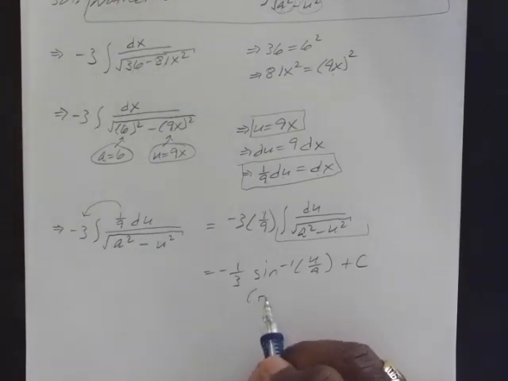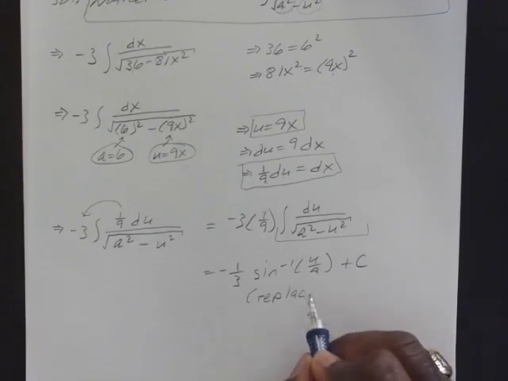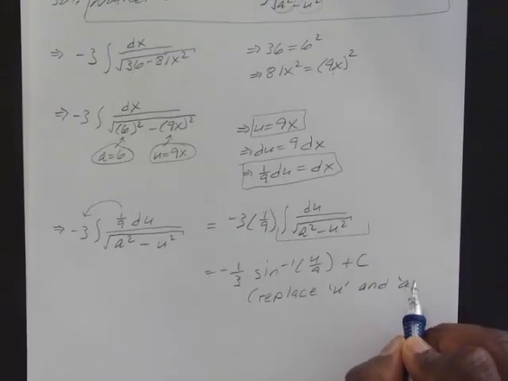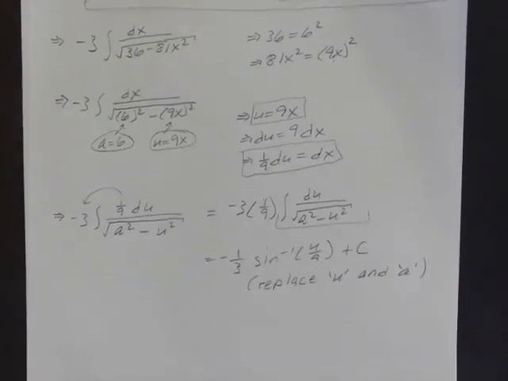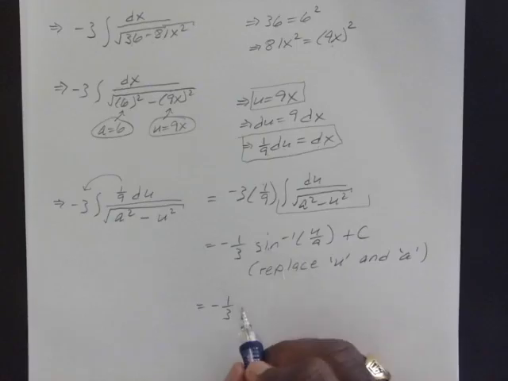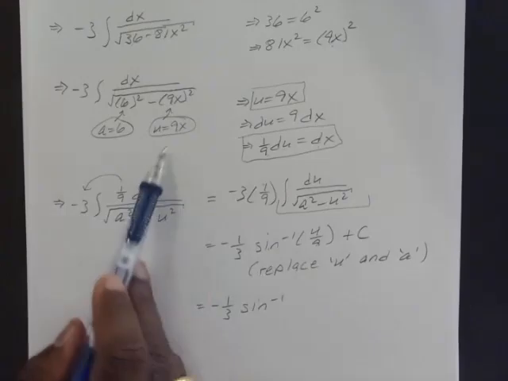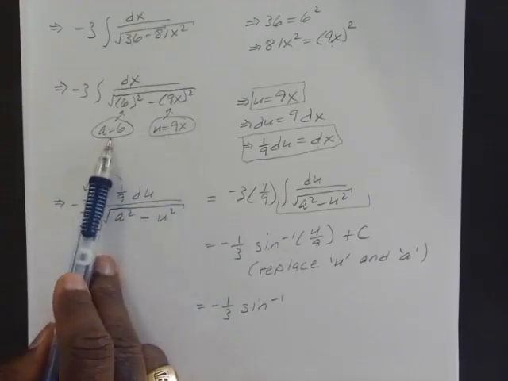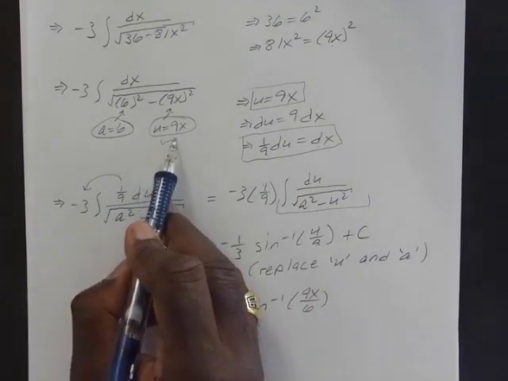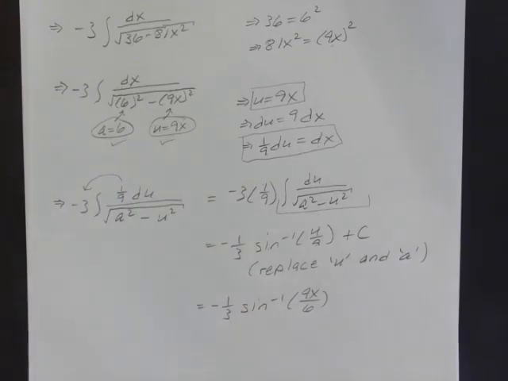So now all we have to do for our last step is replace u and a. So we have -1 over 3 times sine inverse, and that u over a, well, that's just 9x over 6. Okay, we knew our u and a right from the very beginning.